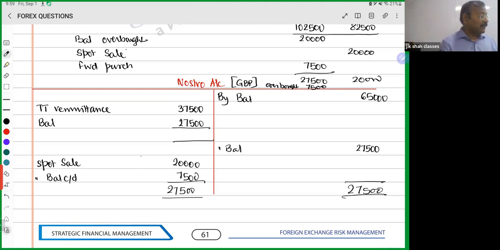TT issuance, TT payment, DD issuance. Mihika, check the module. ICAI modules, Mihika. Yes, Athar, we can.